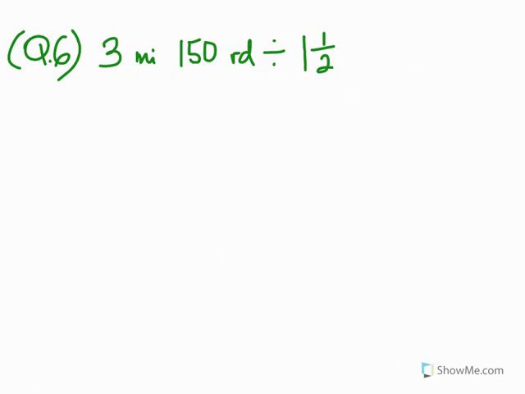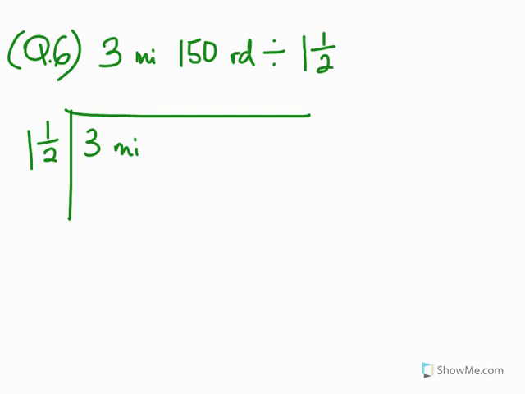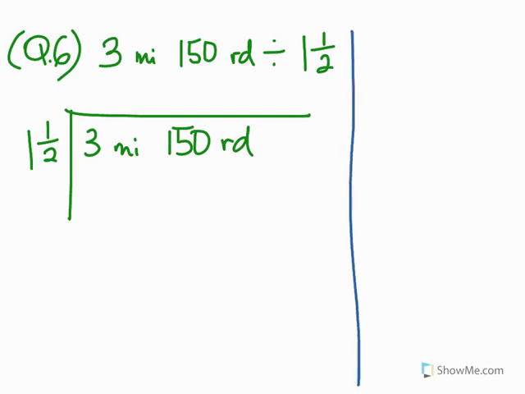Question 6. 3 miles, 150 rods divided by 1.5. So we set up our division: 1.5 divide 3 miles, 150 rods. I will need a space for my rough work here.